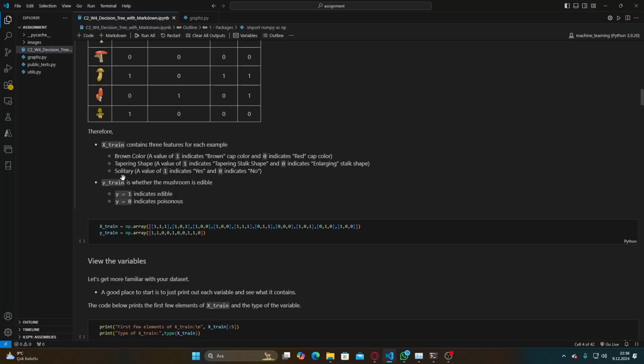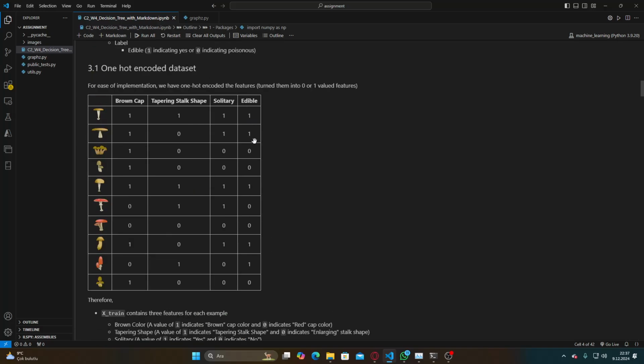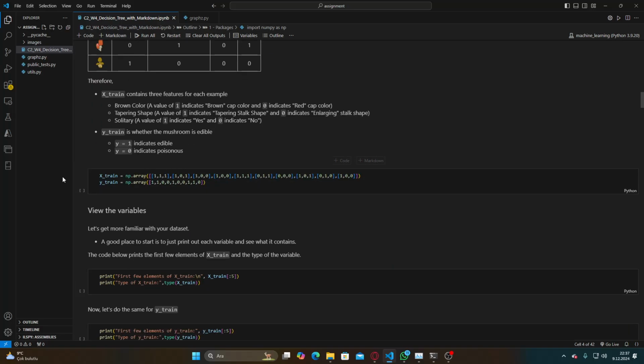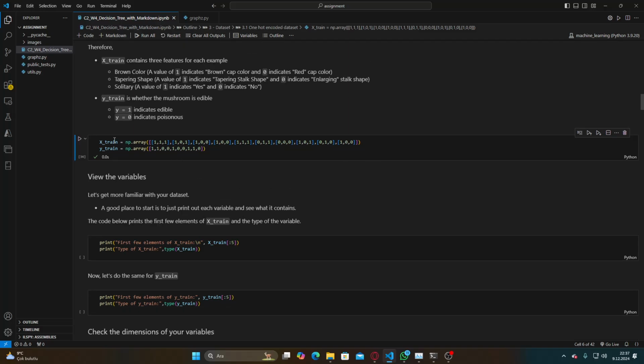The other one is for solidity, 1 or 0, yes or no. And the target variable is edibility. In here, this is the y column, and we're just running these ones there.